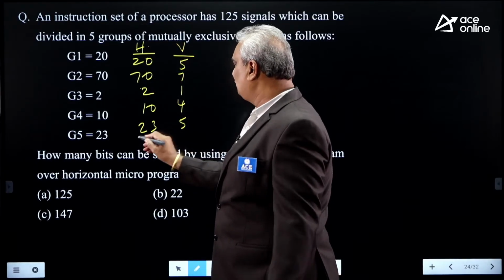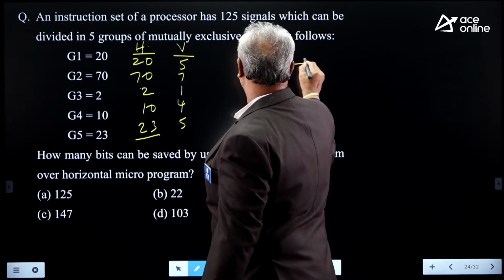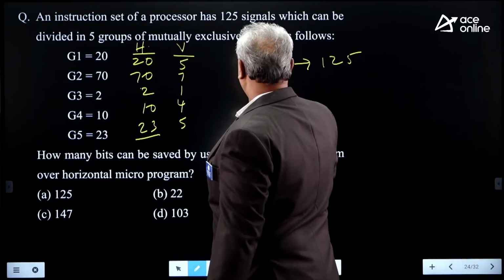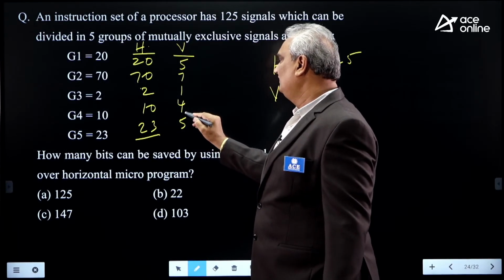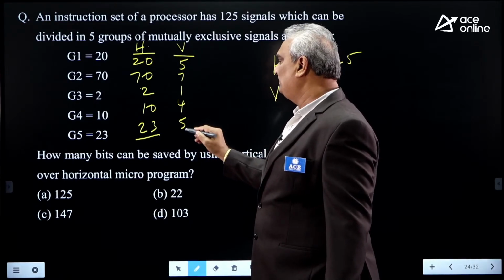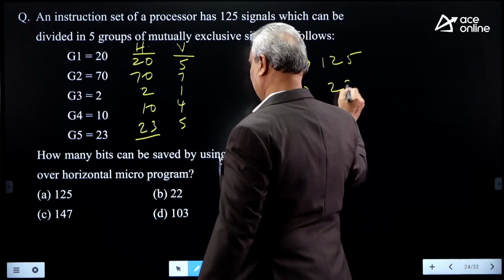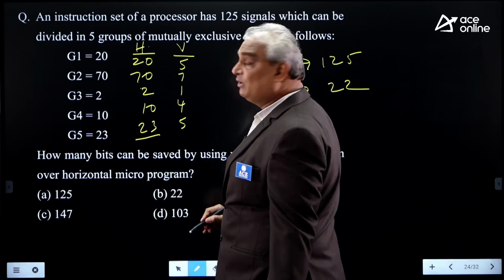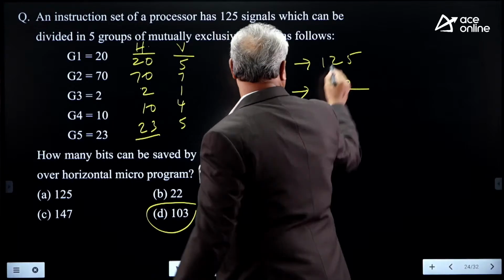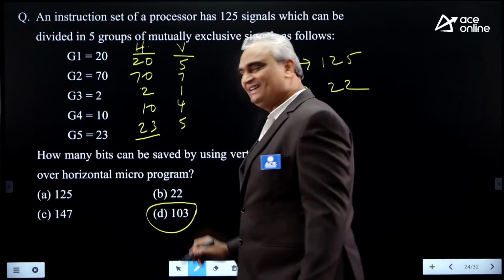What about the total number of bits required for horizontal? 125. Vertical: 12, 13, 13, 14, 17 plus 5, 22. So how many bits can be saved if it uses vertical over horizontal? This one minus this one, 103.